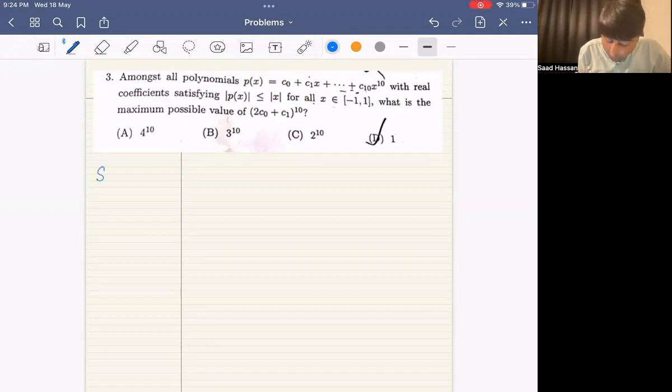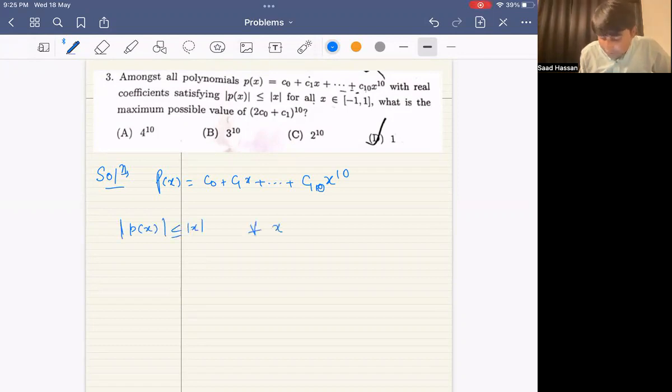So what we know is that p(x) is c0 + c1x + ... + c10x^10, and that the coefficients are real, and |p(x)| is always less than or equal to |x| for all x belonging to [-1, 1]. And then we are supposed to find the maximum value of 2c0 + c1.